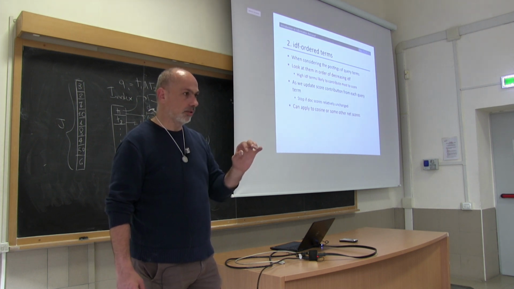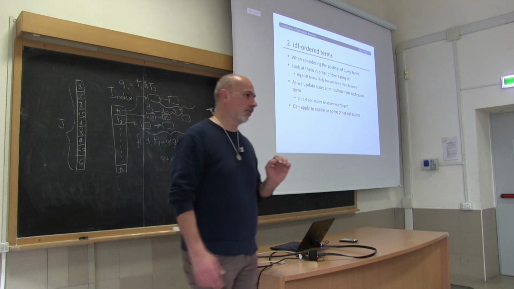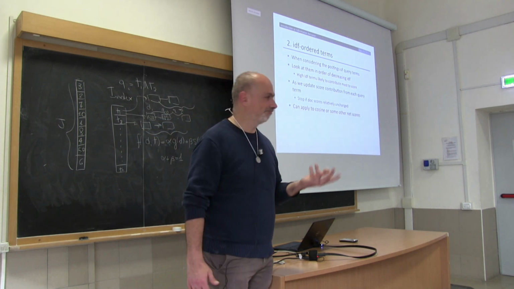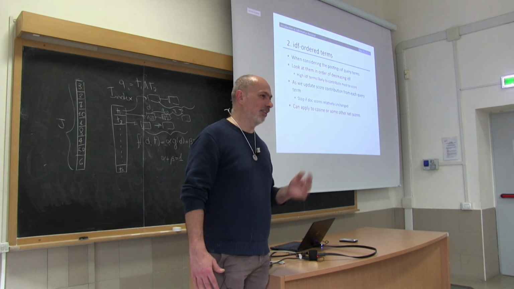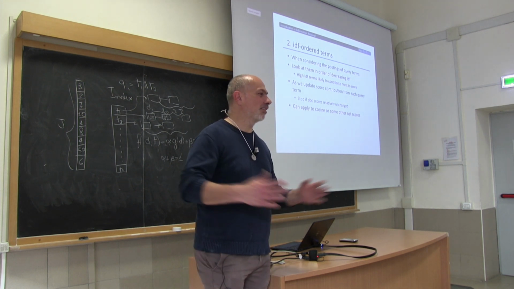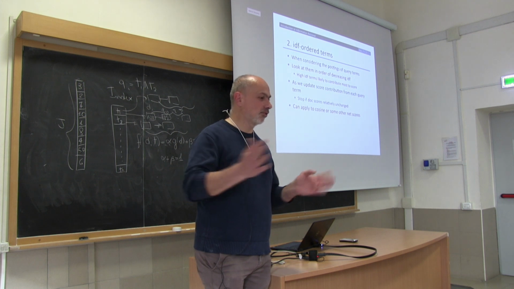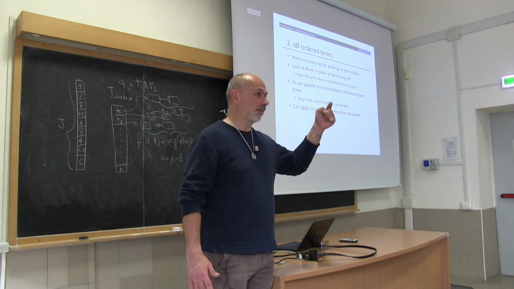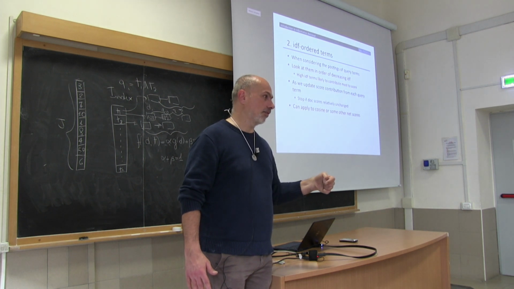And I do the following. This applies especially when you have long queries. If you have two terms, it's not really going to be very useful. But let's say you have 10 terms, you can sort the terms in the query by inverse document frequency, and then consider them in decreasing order of inverse document frequency.